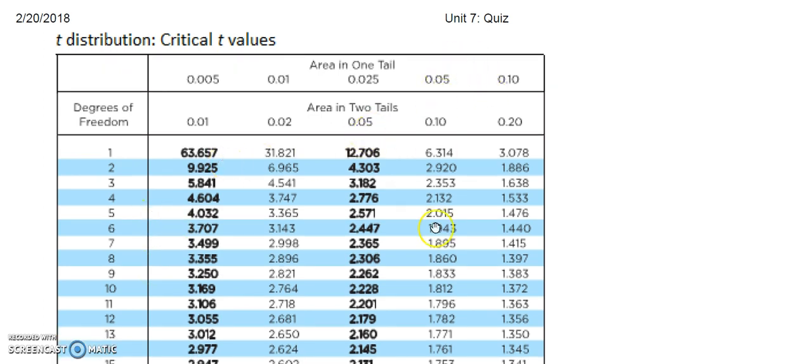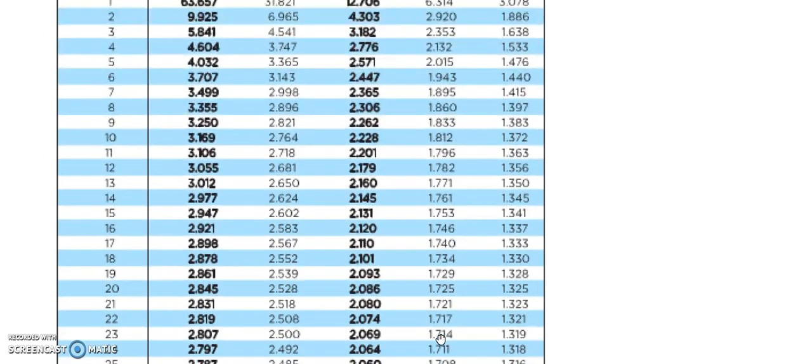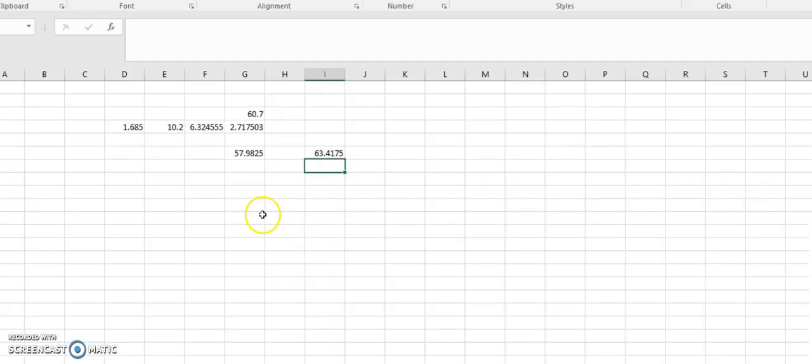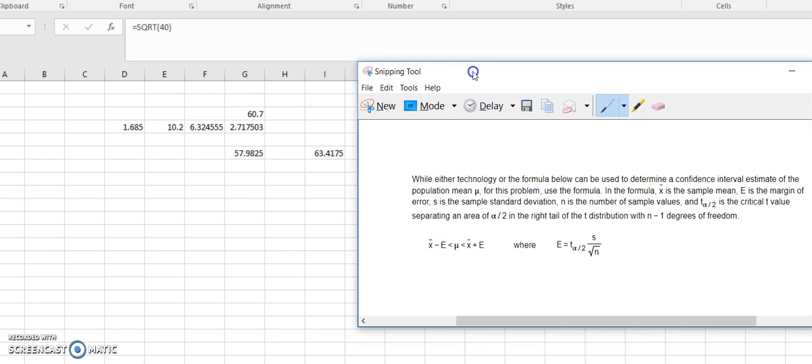So 90% is this column, okay? So looking at 39 degrees of freedom, it's right here, see 39, this column, it's 1.685. So I put that here, 1.685, this is your t-value. 10.2 is the sample standard deviation that was given in the problem. And this is the square root of 40, which you can see from this formula.